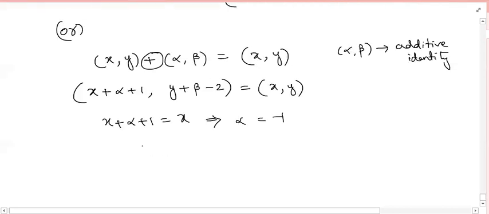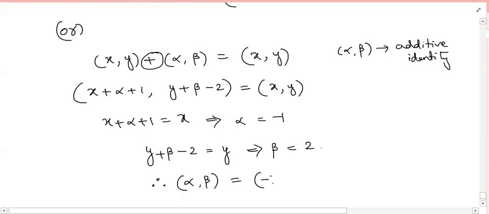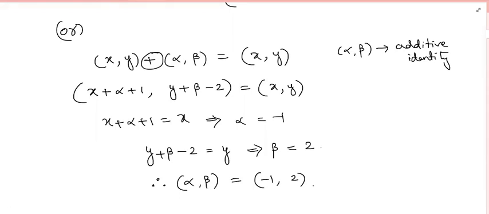In the other equation, y plus beta minus 2 equal to y, y gets cancelled, beta is equal to 2. So what is the zero vector here? Alpha comma beta, the zero vector is minus 1 comma 2. Don't confuse it with the zero vector 0 comma 0, which is the zero vector with respect to standard operations.